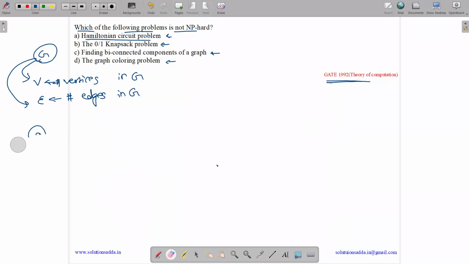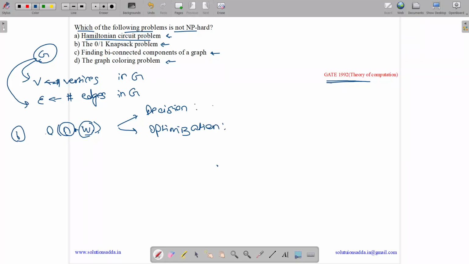Let us see the second problem. The second problem is the zero-one knapsack problem. The complexity for the knapsack problem is n times W, where W is the size of the knapsack and n is the number of items. There are two types of problem. The first one is the decision problem and the second one is the optimization problem.